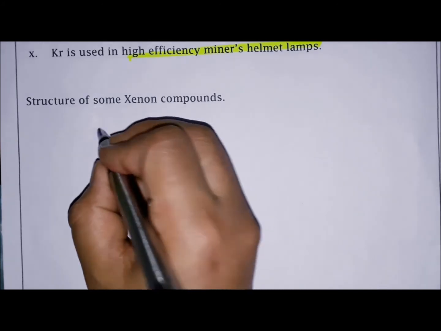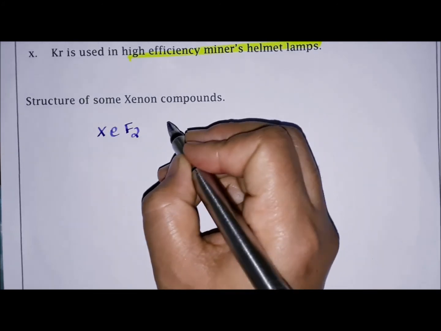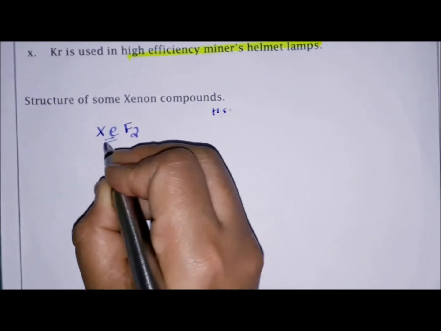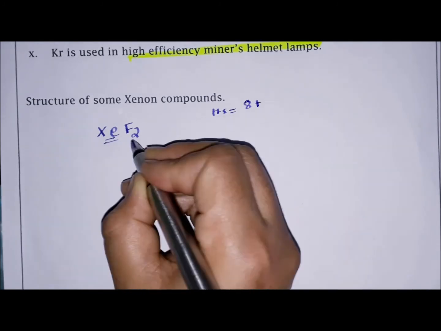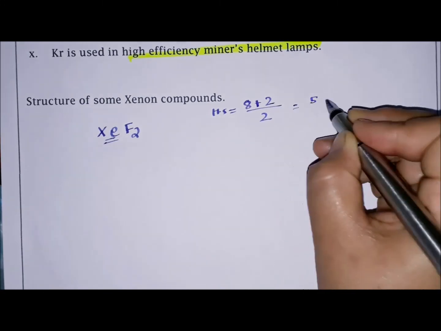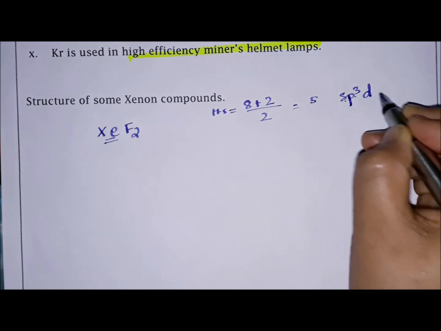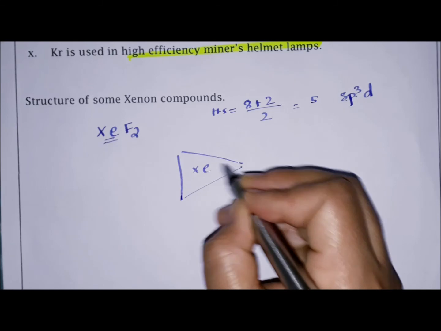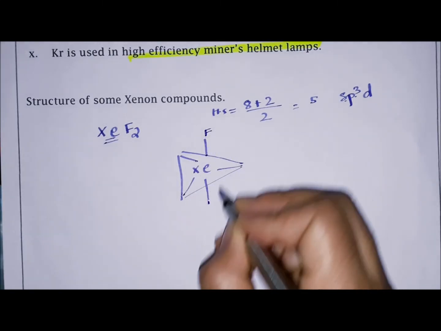Now let us discuss some compound structures of xenon compounds. First we'll start with XeF2. First we have to know the hybridization state. Xenon belongs to group 18, so valence electrons is 8, plus there are two monovalent elements, so 2 divided by 2 gives 5, which means it will have sp3d hybridization, and then the structure.